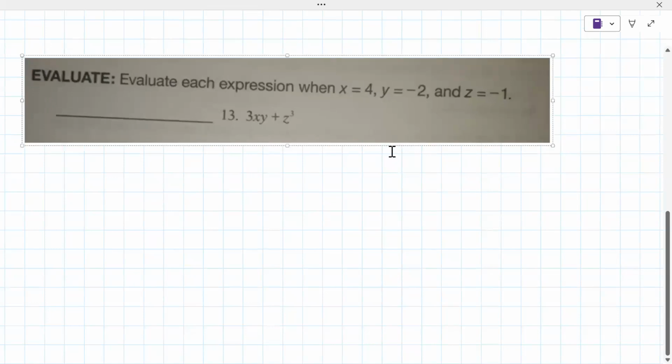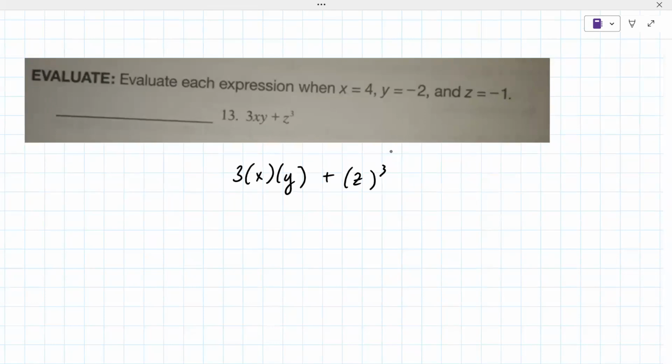Very important that when you substitute in for variables, you substitute in for them in parentheses. So when you put the X value in, whatever the X is in our problem, you're going to substitute it in parentheses there.